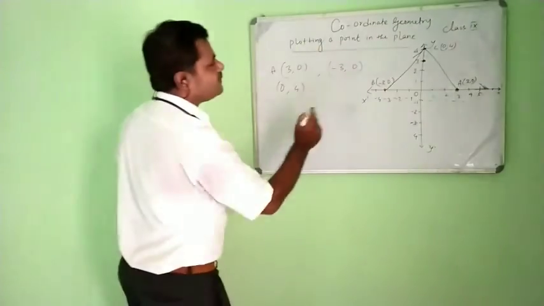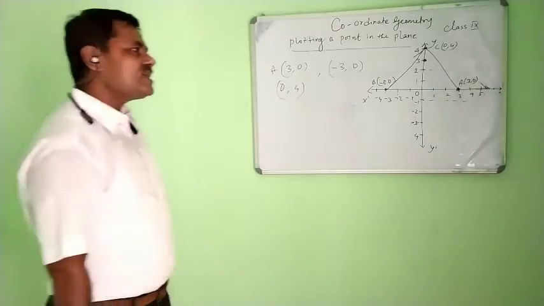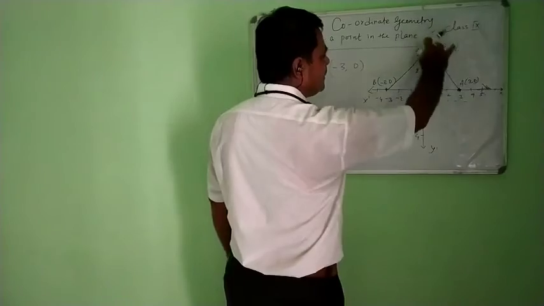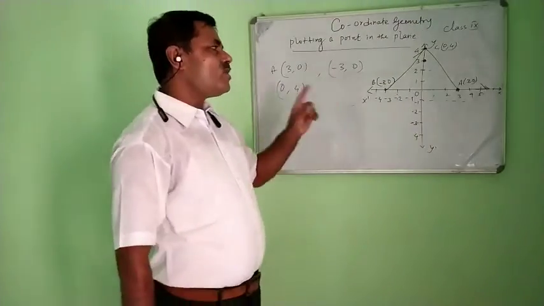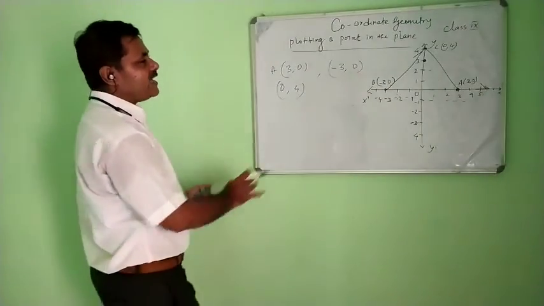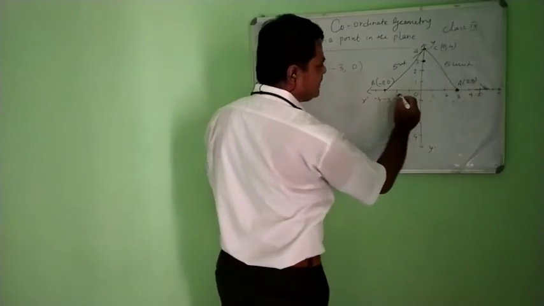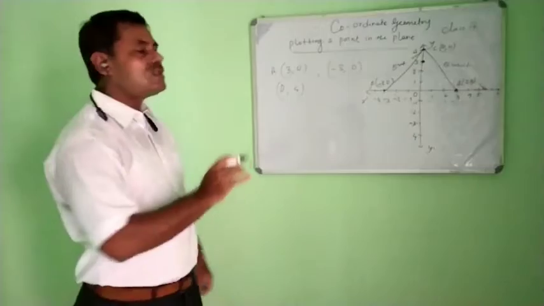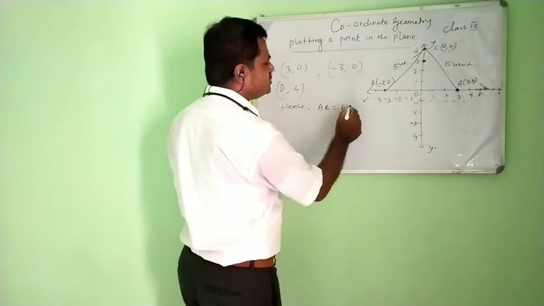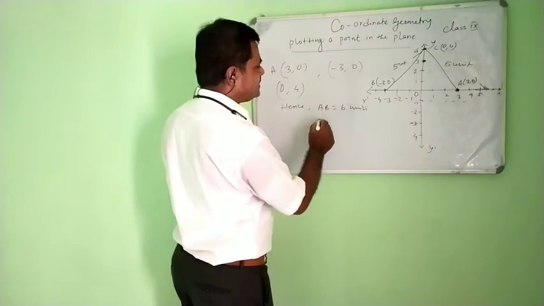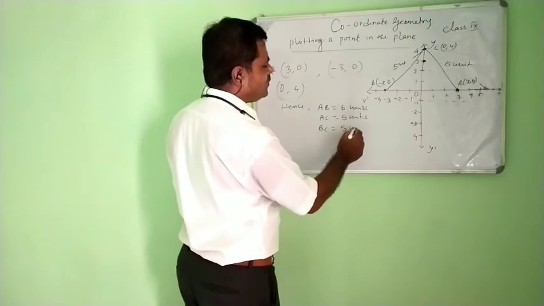So we can get the lengths of the sides. The length of AB is 6 units. The length of AC, with 3 and 4, by using the Pythagoras theorem, will be 5 units, and BC is also 5 units. So this becomes 5 units, this becomes also 5 units, and this length becomes 6 units. So two sides are equal: AB is 6 units, AC is 5 units, and BC is 5 units.